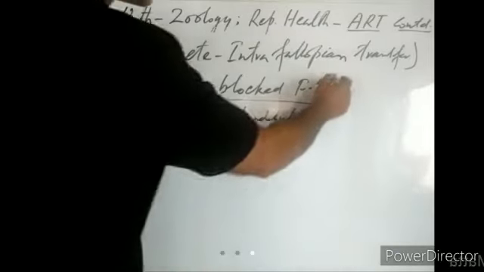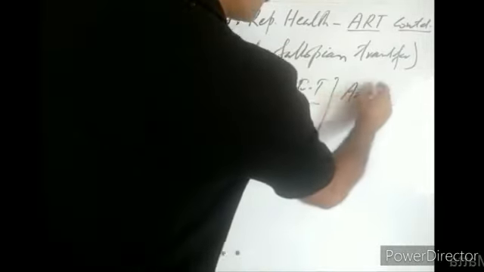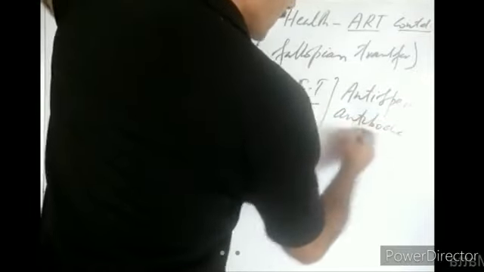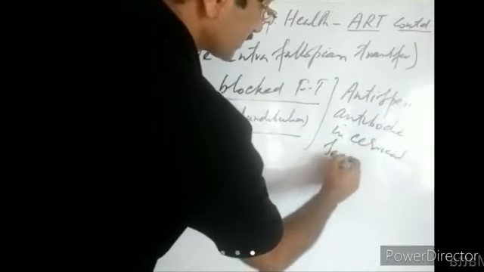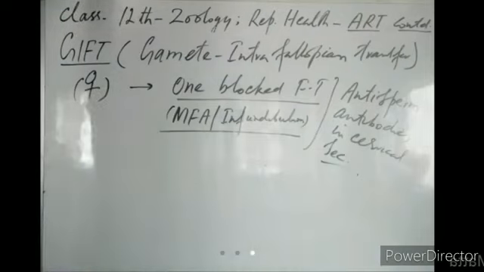Or if a female has anti-sperm antibodies in cervical secretions, this also makes her infertile. A normal female doesn't have anti-sperm antibodies. Those females who have anti-sperm antibodies, when inseminated, their antibodies kill the sperms. So that makes a female infertile, right?